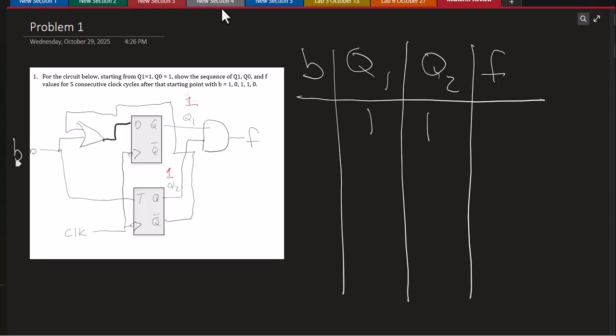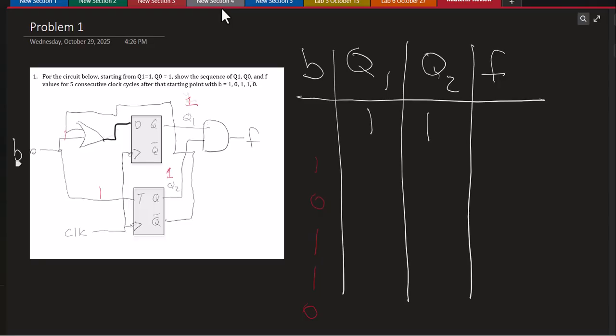Okay, so B has the values 1, 0, 1, 1, 0. B is 1 when we start, and so we have 1 going into the T flip-flop.